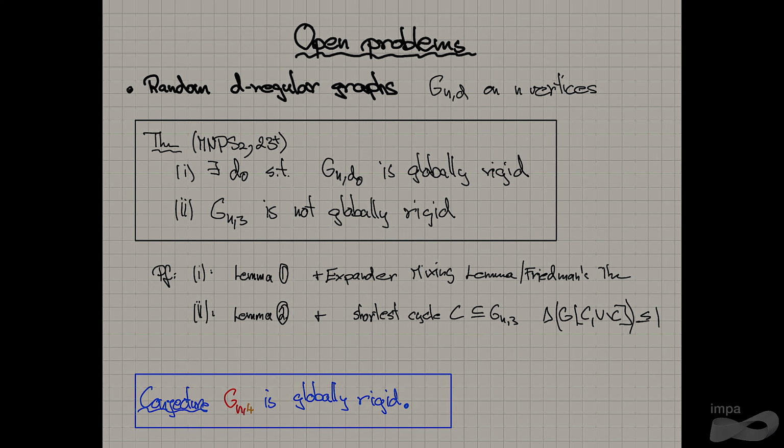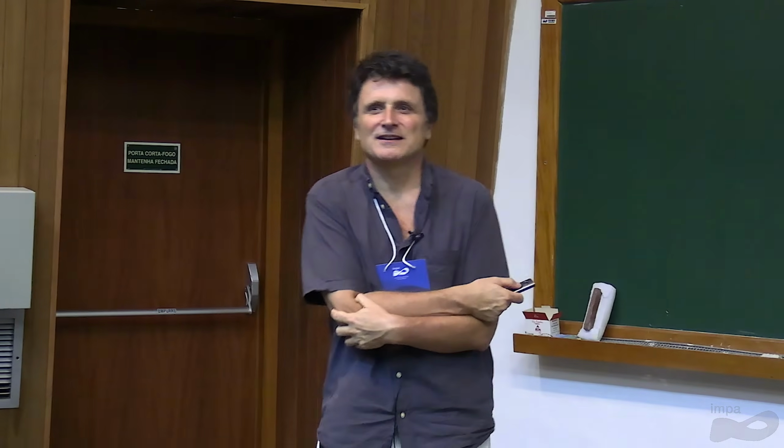But maybe this is a brave conjecture that G(n,4) is globally rigid already. But if not G(n,4), then G(n,5).